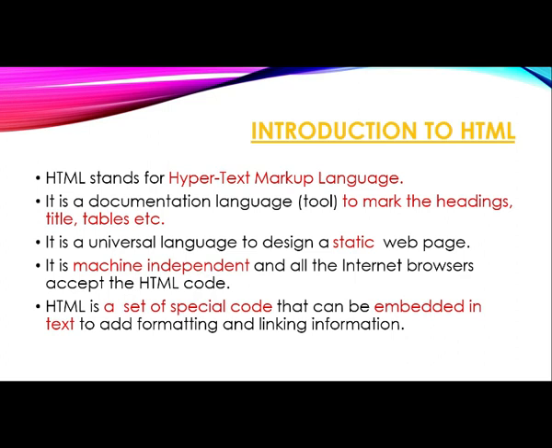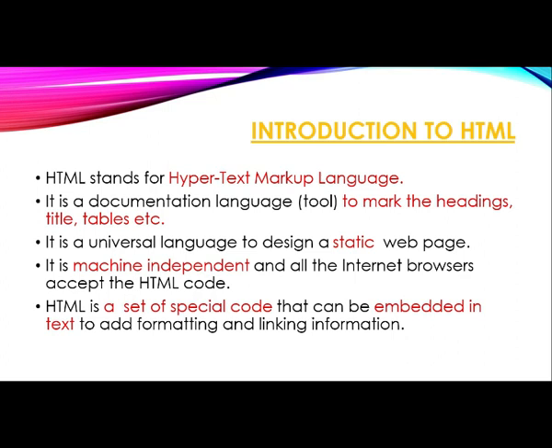When it opens in the web browser, the inbuilt interpreter interprets the code and gives the display. Now HTML is a set of specific codes that can be embedded in text to add formatting and linking information.